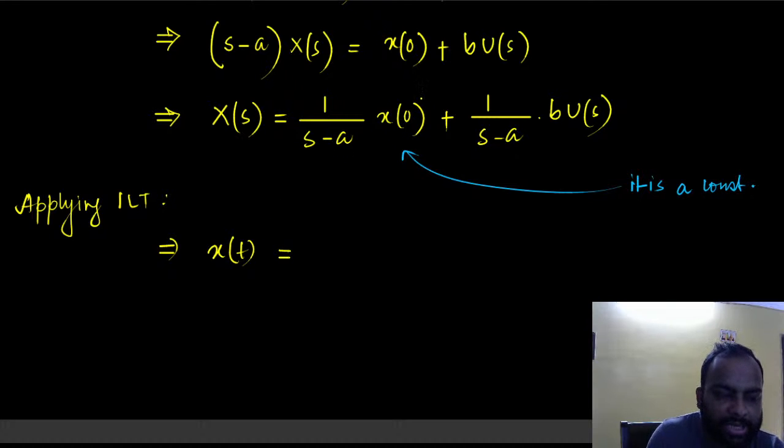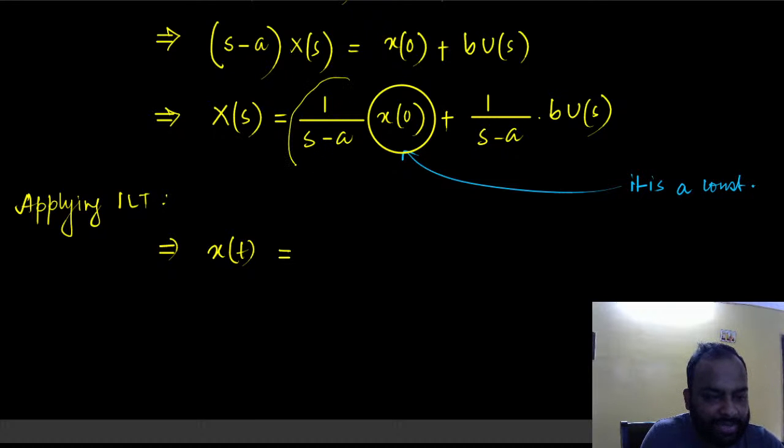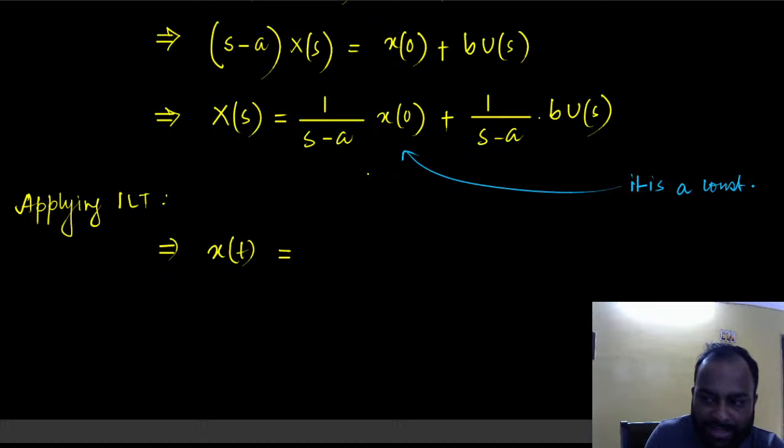And what happens to this? Again, this part is a constant, so that will just get multiplied with whatever is the inverse Laplace transform of this. What is the inverse Laplace transform of 1 by s minus a? That's just e to the power at. And of course I have to multiply that with x0 because that's a constant, right?